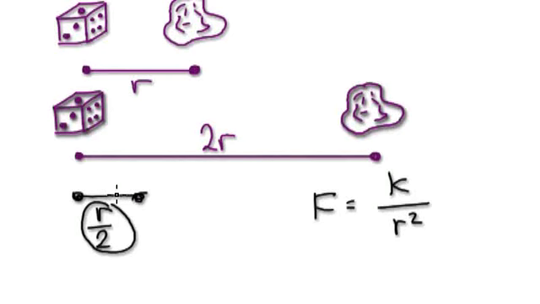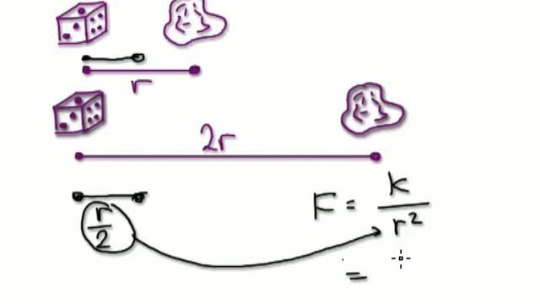Now, if you want to investigate what happens when you halve the distance, put this thing into the R here, so it becomes this. K over, well, what's R squared here? If you put this thing into this bubble here, it's R over 2, because our distance is now half.